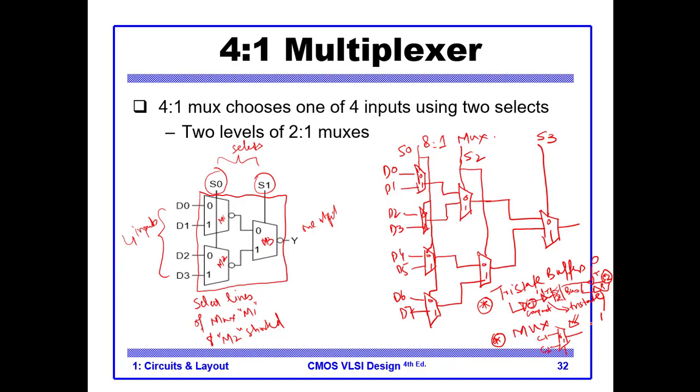So this is it for the combinational logic and how we design its building blocks. To summarize, in this part we have studied how we can design gates, for example AND gate, OR gate, NOR gate, NAND gate and NOT gate, and then we went on to discuss the transmission gates, and based on that we discussed tri-state buffers and muxes.